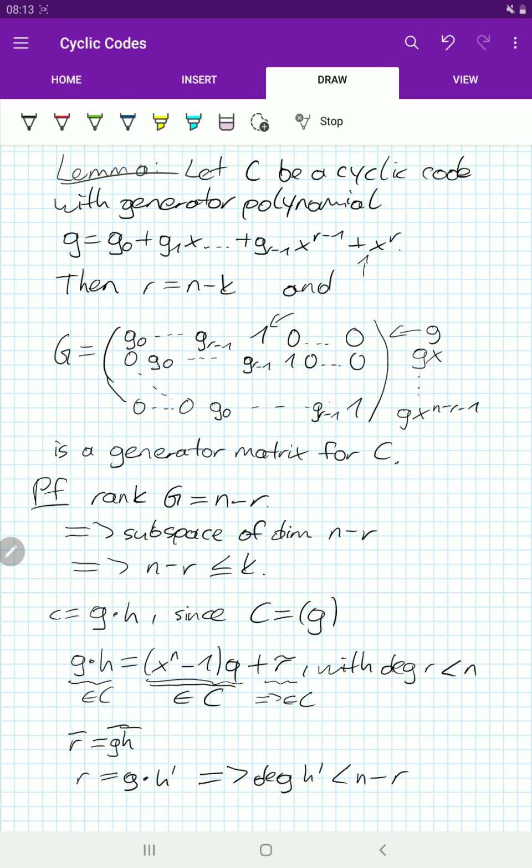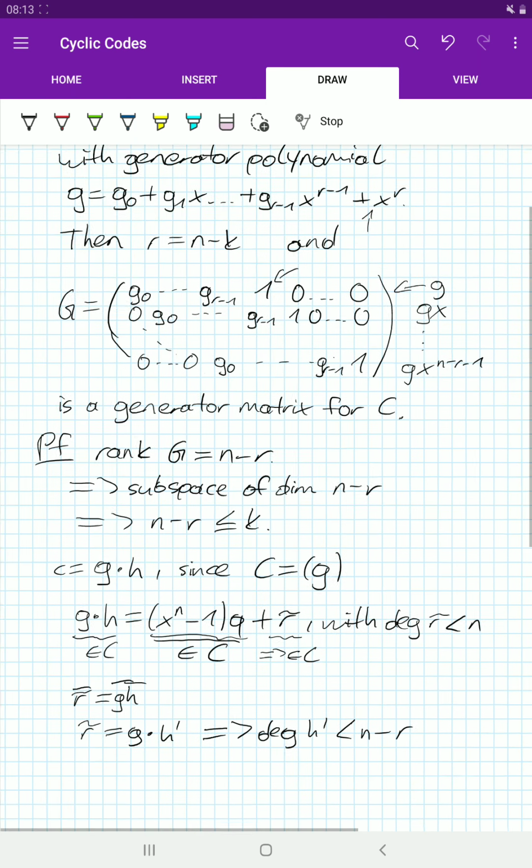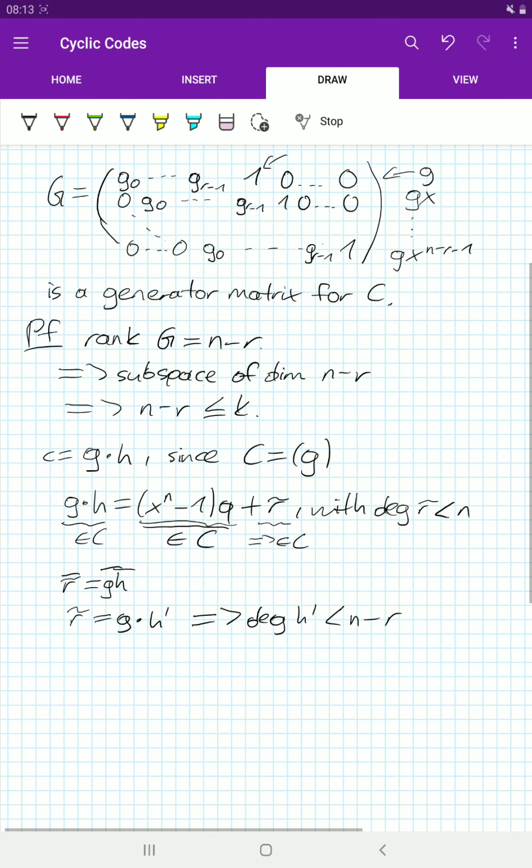Let's call this maybe R tilde. Alright. So we have that.